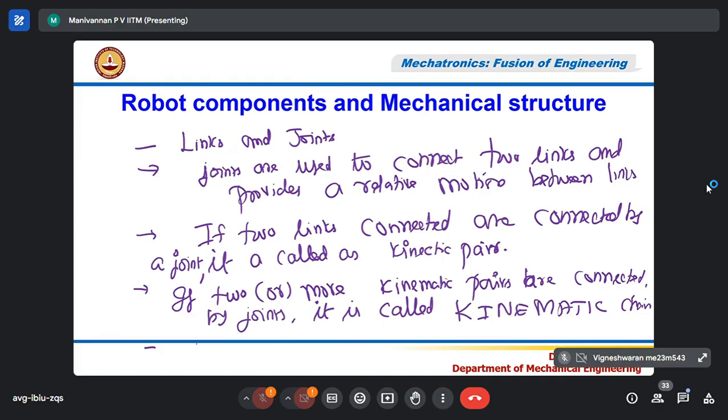And an industrial robot is a kinematic chain. Most of the industrial robots are called kinematic chains or serial robots.